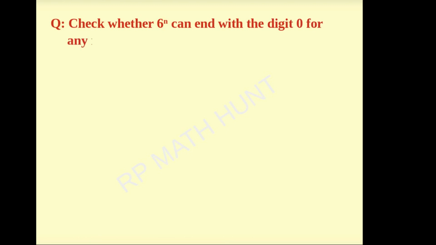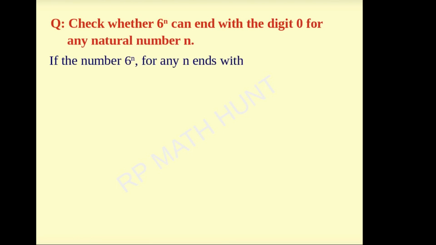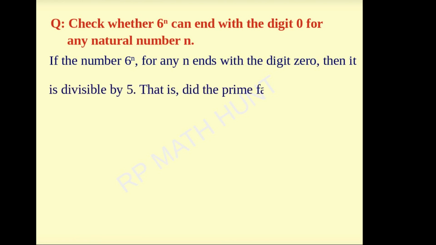Question. Check whether 6 to the power n can end with the digit 0 for any natural number n. If the number 6 to the power n for any n ends with the digit 0, then it is divisible by 5. That is, does the prime factorization of 6 to the power n contain the prime 5?